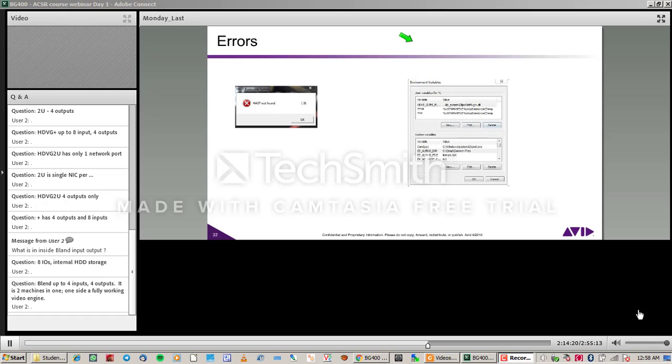That one also has 4 outputs. They are exactly the same, just the main clean channel or the ASD with additional information. It's less powerful for graphics, but for the Blend, the graphics are usually just some lower thirds and additional graphics on top of the clip, so a stronger machine is usually not required.